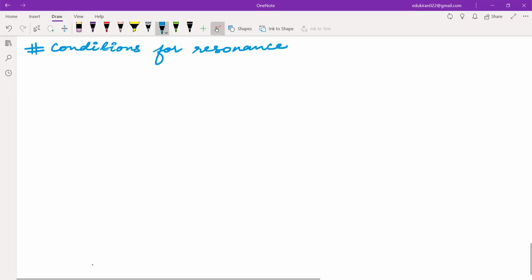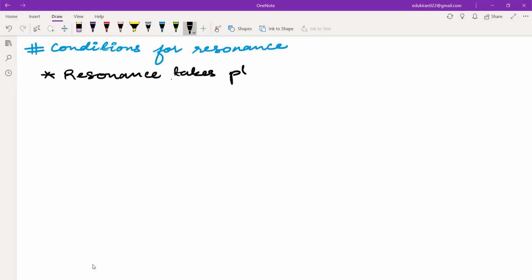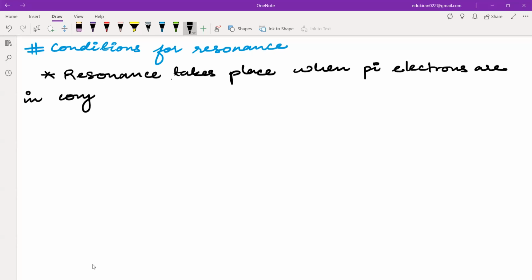Conditions for resonance. A resonance takes place when pi electrons are in conjugation.